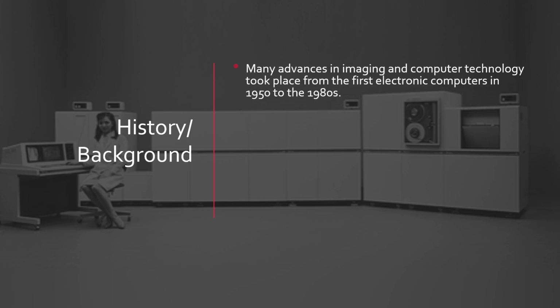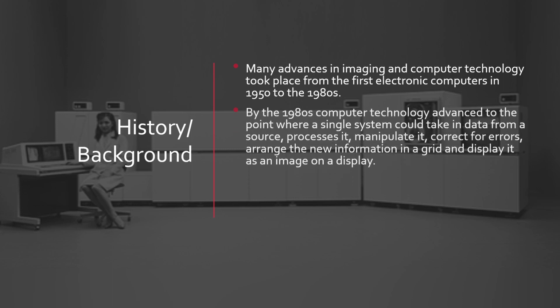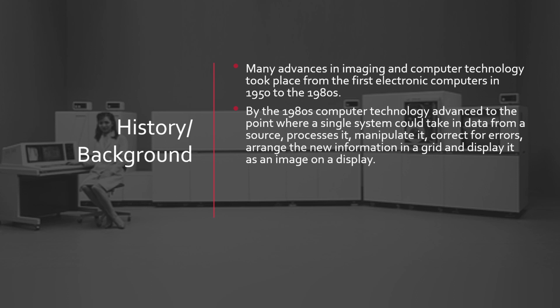Many advances in imaging and computer technology took place from the first electronic computers in the 1950s to the 1980s. In the 1980s, computer technology advanced to the point where a single system could take in data from a source, process it, manipulate it, correct for errors, arrange the new information on a grid called a matrix, and display it as an image on a display.